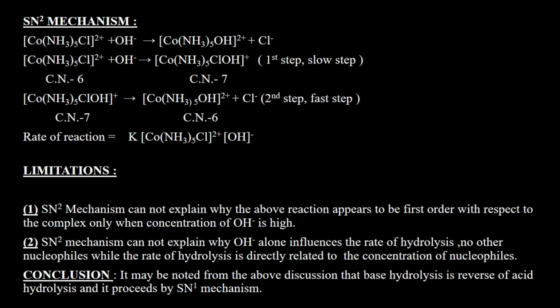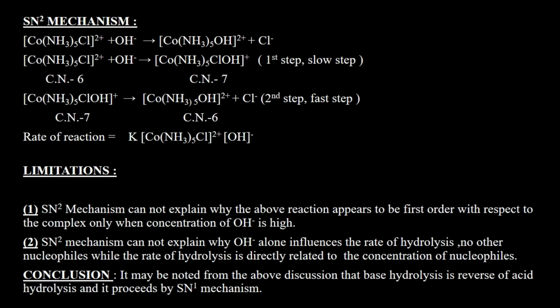Now we will discuss the SN2 mechanism for the reaction [Co(NH3)5Cl]2+ + OH- gives [Co(NH3)5OH]2+ + Cl-. According to this mechanism, the reaction proceeds by two steps. In the first step, [Co(NH3)5Cl]2+ reacts with OH- ion to form [Co(NH3)5Cl(OH)]+.